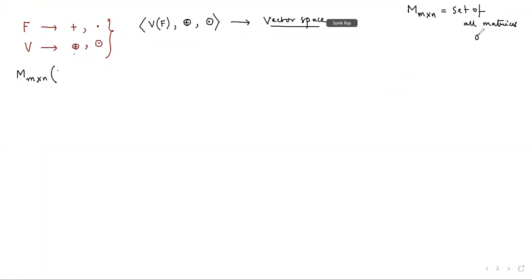It is an infinite set. But since now you have learned the notation of a vector space defined over a field capital F, I am denoting this particular set by m cross n F. Now, what do we mean by this? You have to understand the meaning first of all.